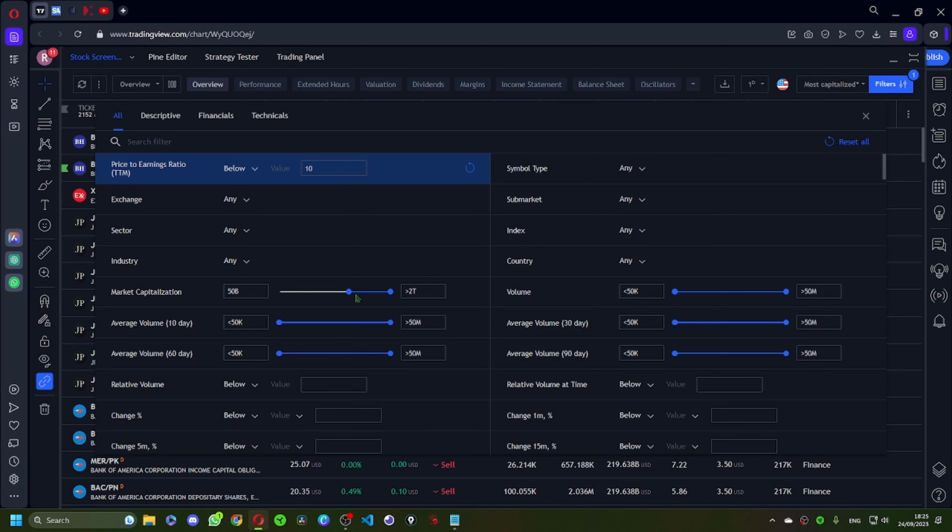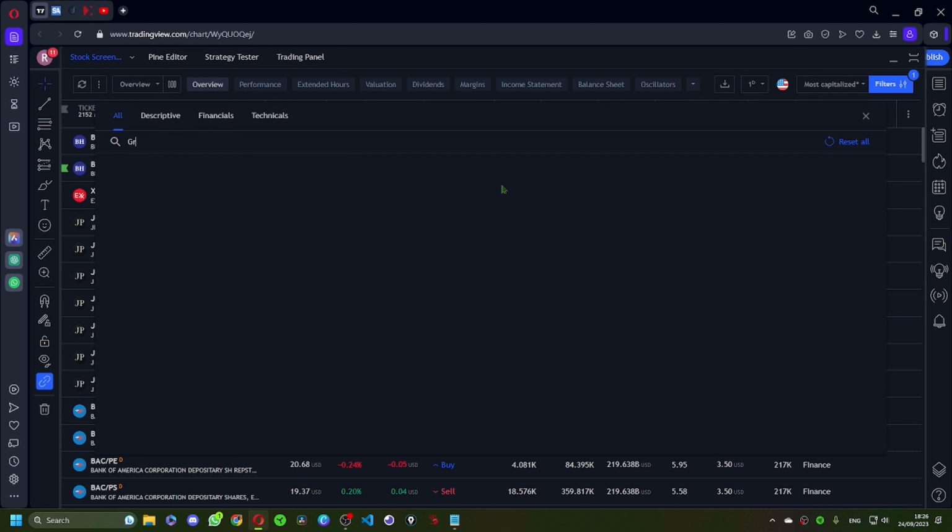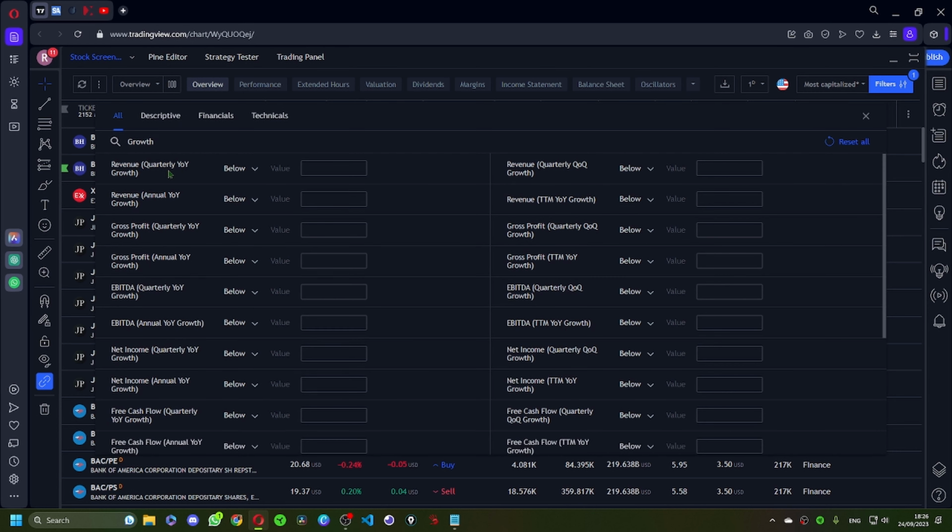You can even filter by market cap, so if you only want big companies. And then you can also screen by things like the growth of the company. So you can use the year-over-year revenue growth. So if you want that to be above 5%, these companies will have that.